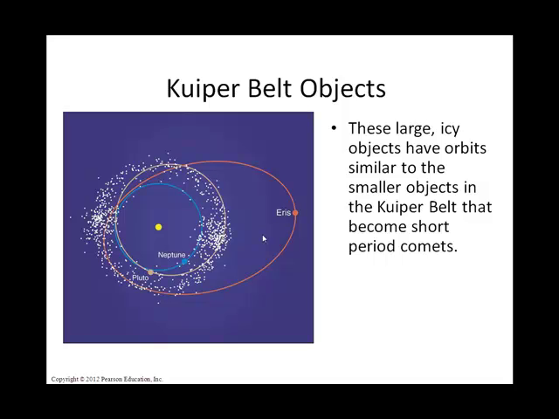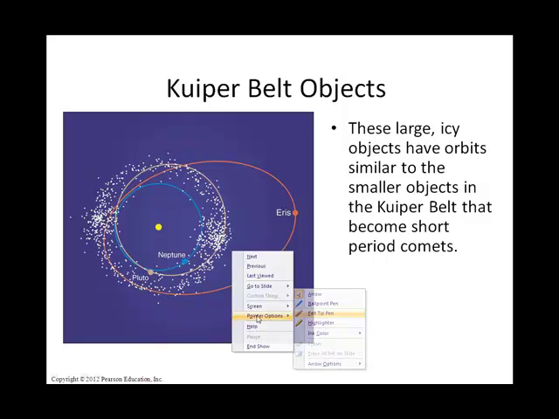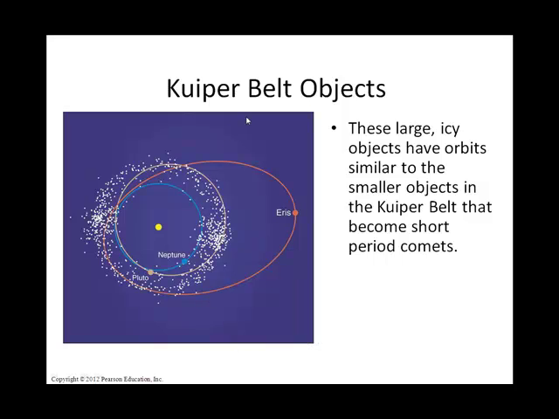Let me highlight this for you: there are what we now call Kuiper Belt objects on Pluto's orbit. Can you see? Here's Pluto's orbit. The fact that it did not clear its orbit is why it failed the planet test.